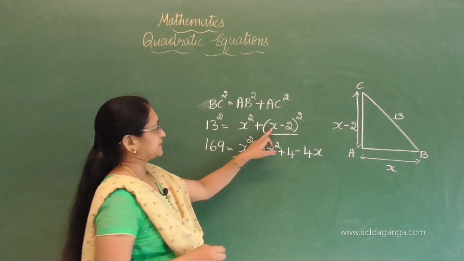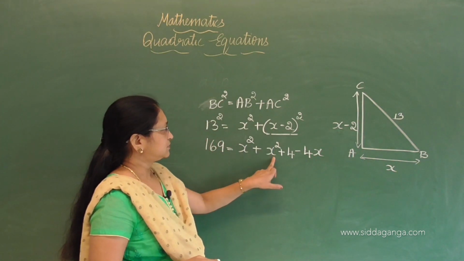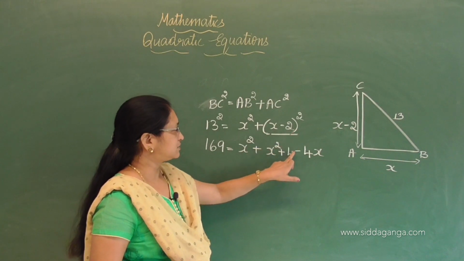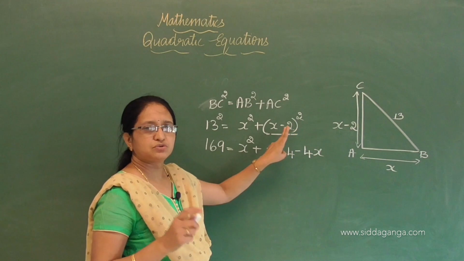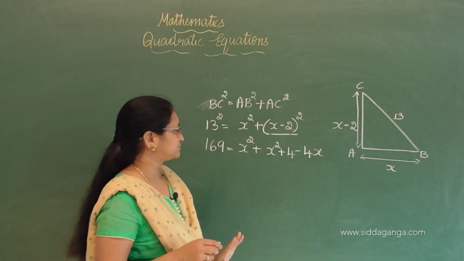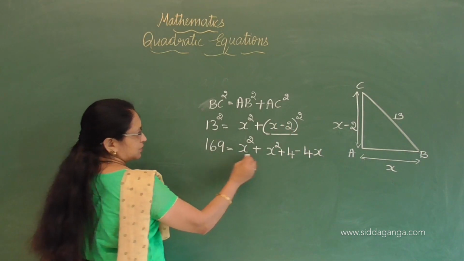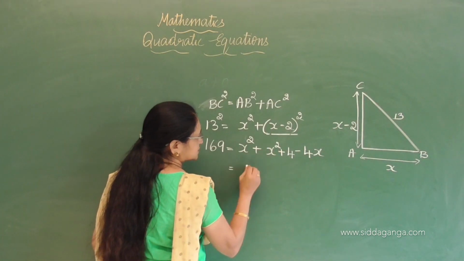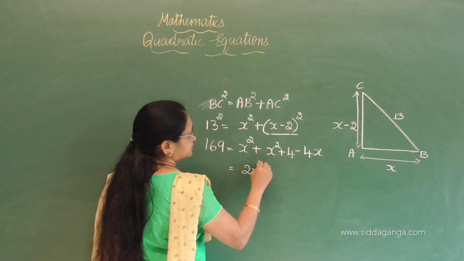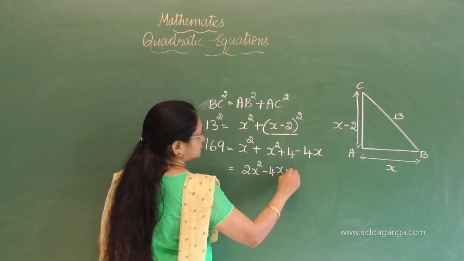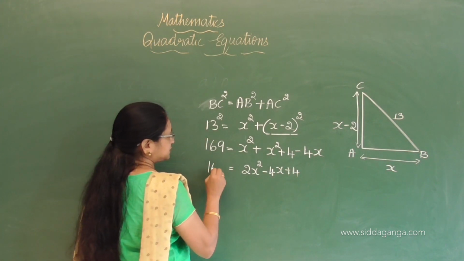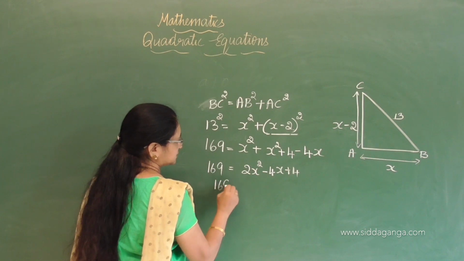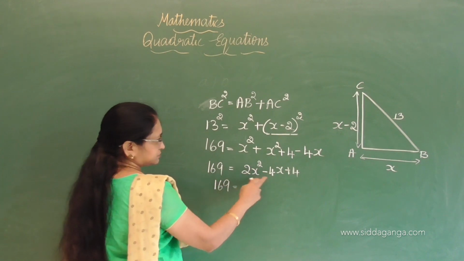So a square plus b square minus 2ab, so 2 twos are 4 into x, 4x. If you try to solve this you will get 2x square minus 4x plus 4, equal to 169.